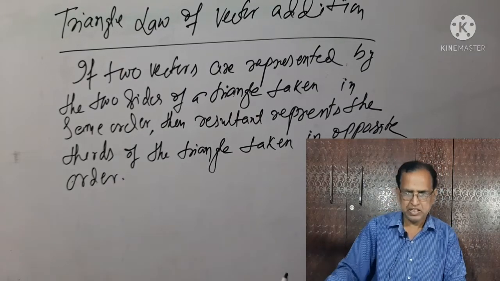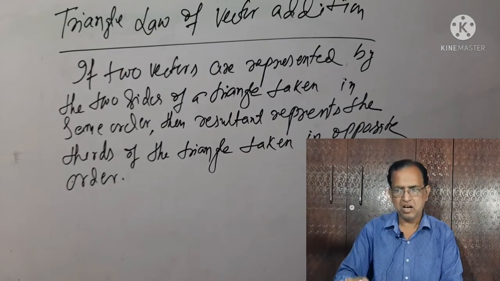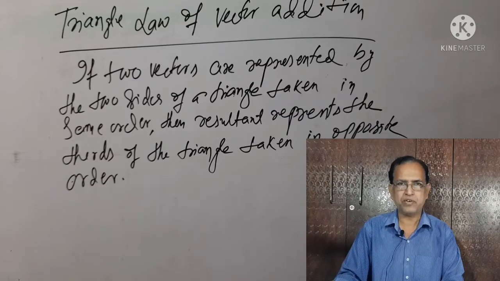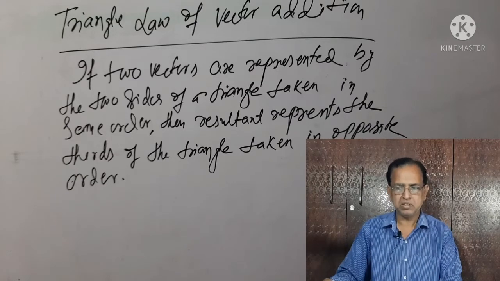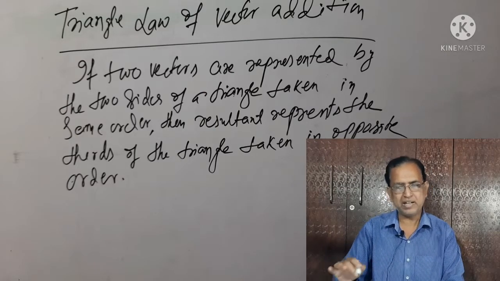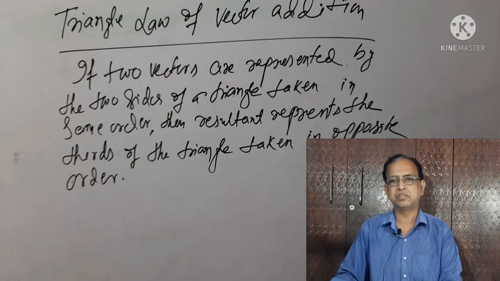Clear? So, if two vectors are represented by the two sides of a triangle taken in same order, then the resultant represents the third side of that triangle taken in opposite order.